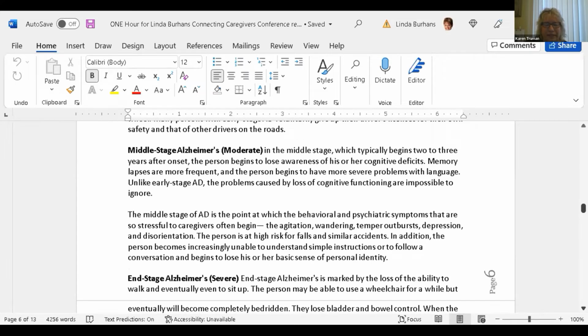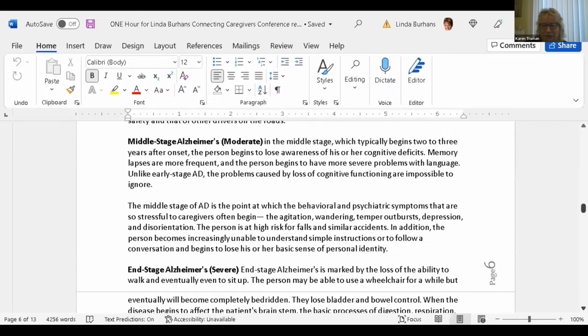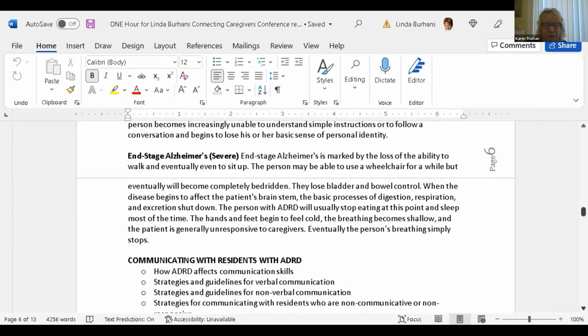We have middle stages, and their awareness is going down south. The agitation, wandering, temper outburst, depression, disorientation, all those things are starting to become more and more. The end stage, again, that's when they're in long-term care by now, I hope.